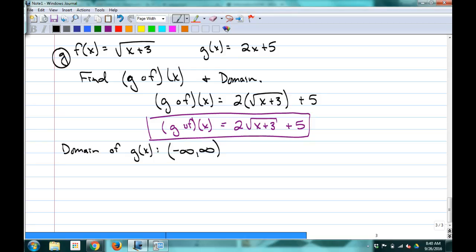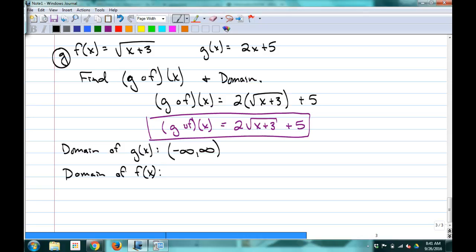It's a linear piece. So what that tells us is we're not going to have to do any kind of solving because there's no restrictions on what we're plugging into. When you have to do the solving is when there's restrictions on what you're plugging into. Okay, so we need to do the domain of what we're plugging in with.